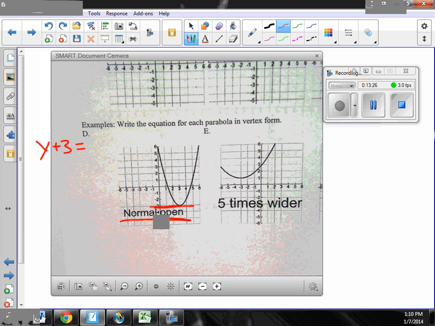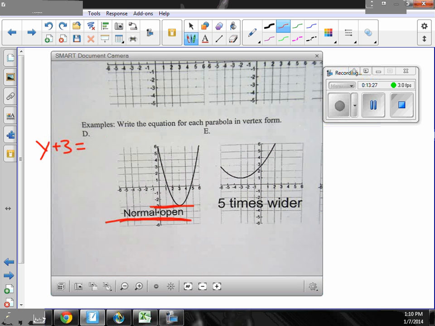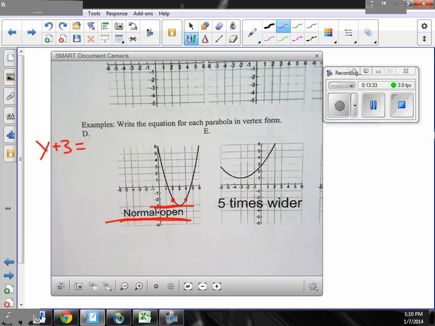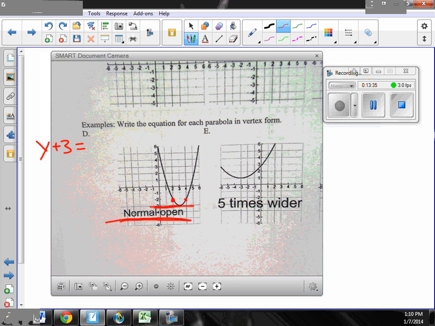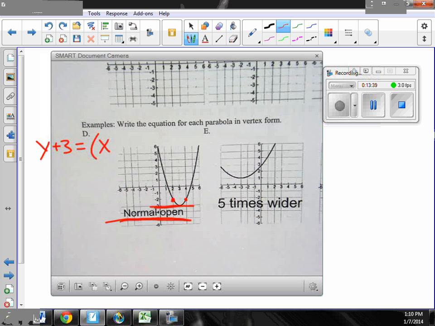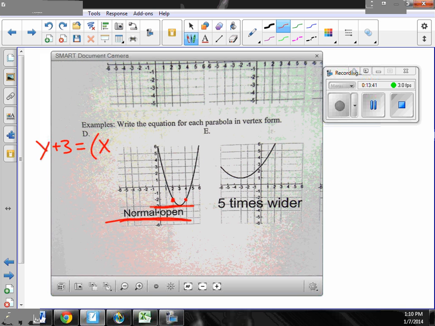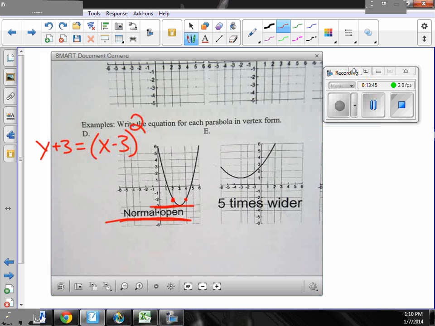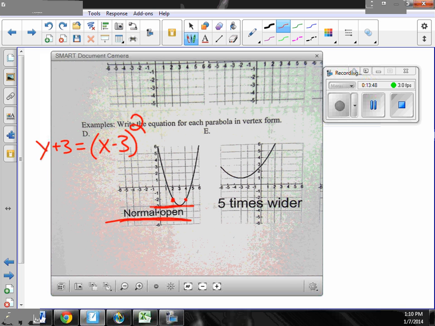It says right here, normal open. The other way to look would be, it hits at 1, up 1 and over 1. Well, you don't need it in this case, yeah. So x minus 3 squared. And I've written how open it is because it's a little hard to tell sometimes.